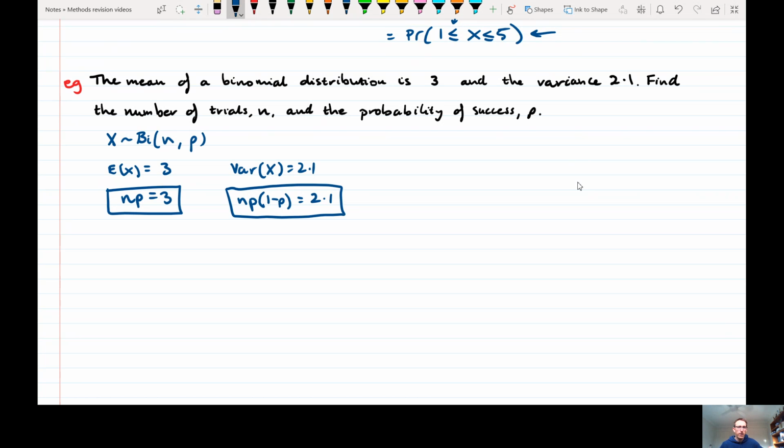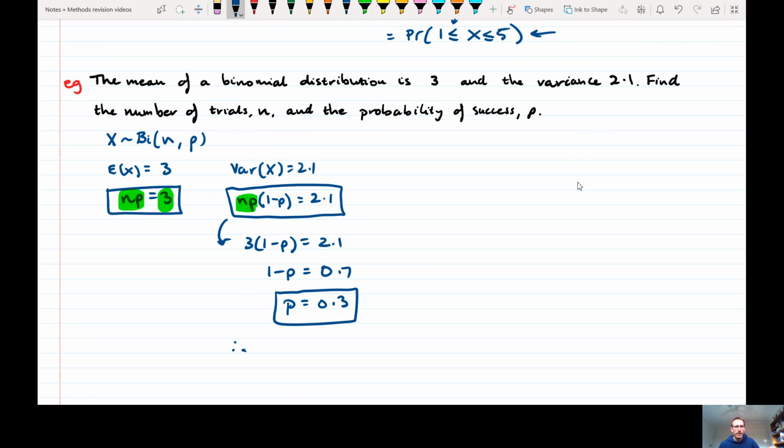Now I can notice hopefully that we actually have NP there and NP there, which means those two are the same value. So I replace NP with 3. So we end up with 3(1 take P) equals 2.1. Divide by 3 to get 0.7. And if you solve that, you see that P is 0.3.